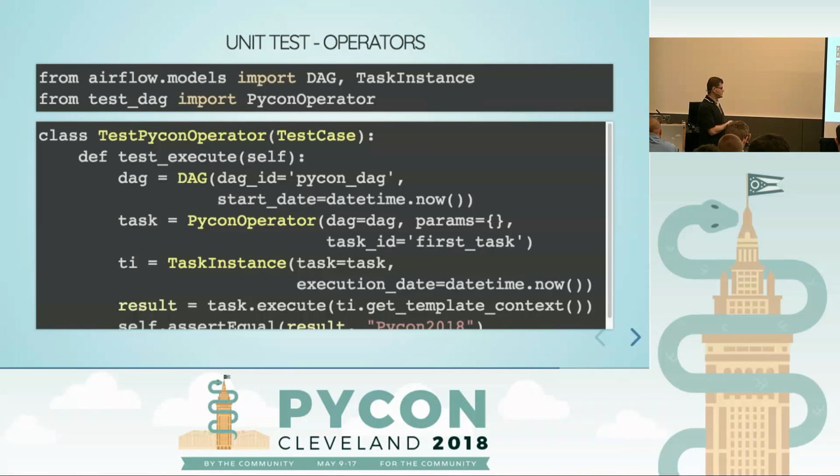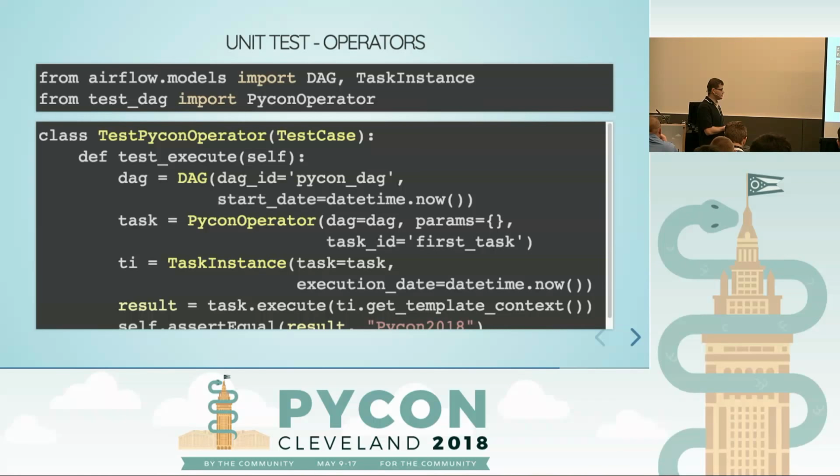The next two lines are the interesting part. Once we have our task, now we instantiate a task instance. This is what Airflow does behind the scenes for us when it actually runs the DAG. So now we actually have a task instance. And then we want to run our task to make sure that the unit test would pass for us, that it does what we think it does.